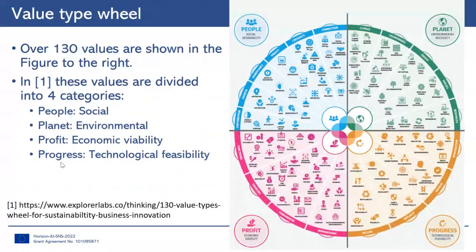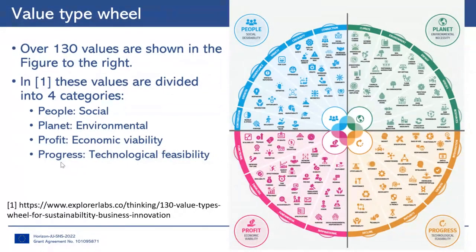Hi everyone, this is Hassan from Real Wireless. So in the project, we look at the key value and key value indicator analysis. Before we dive into key value and key value indicator, in reality, there is a lot of value. So for example, on the screen to the right, there are 130 values.